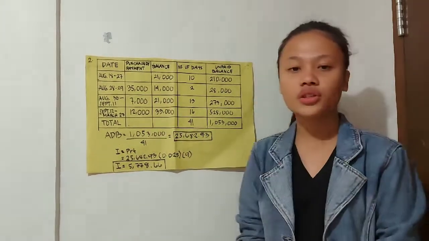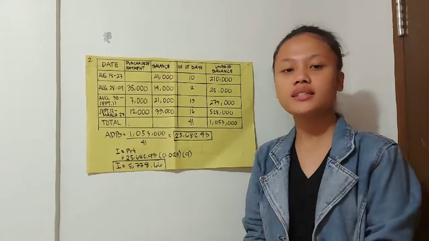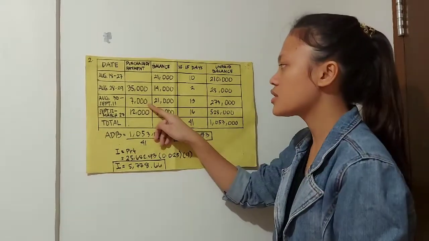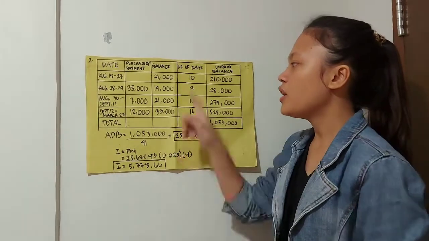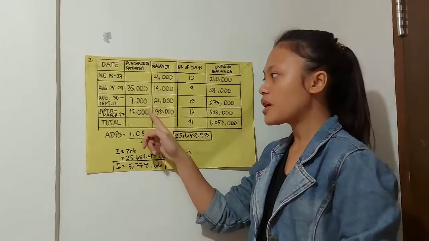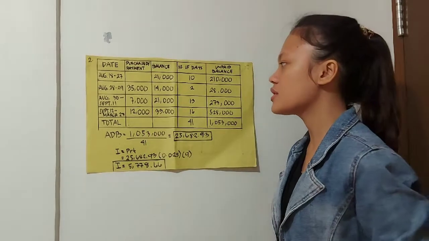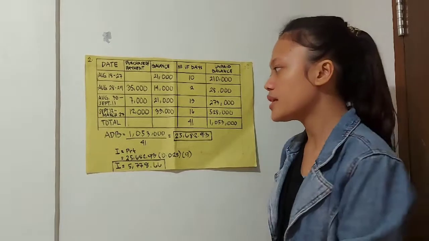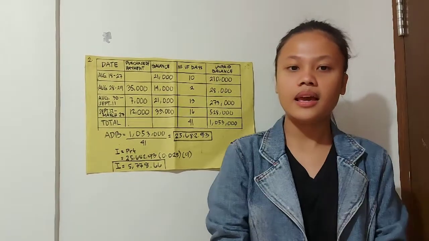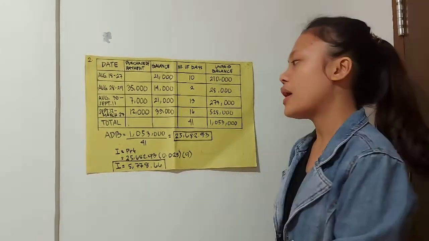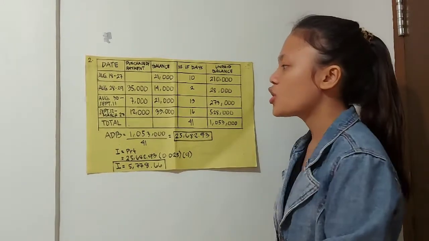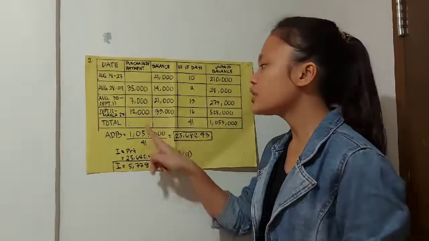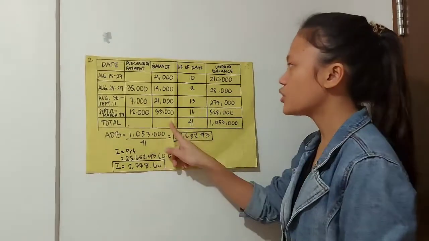Then on August 30 to September 11, he purchases a washing machine amounting to 7,000 pesos. So we add the 14,000 pesos to 7,000 pesos, which is equal to 21,000 pesos. In September 12 to March 27, he purchases a Samsung TV amounting to 12,000 pesos. So we add again the 21,000 pesos to the 12,000 pesos, which is equal to 33,000 pesos.